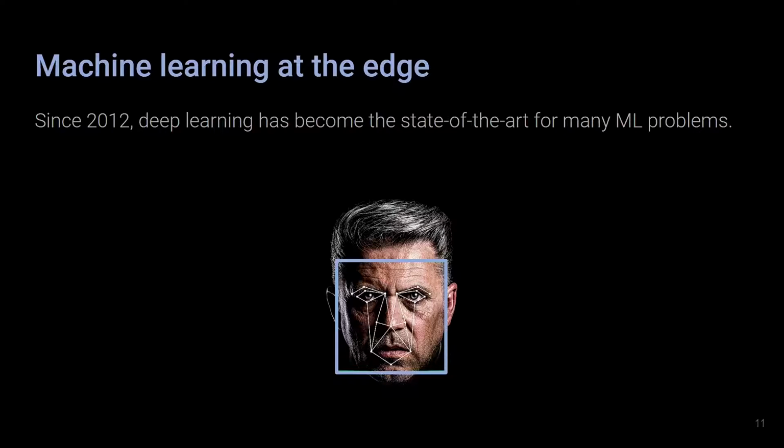Fortunately, in 2012, the world was presented to the first successful application of a deep learning model in a famous benchmark competition of image classification. Although the fundamental concepts of deep learning were established decades ago, that was the first successful demonstration of its power.